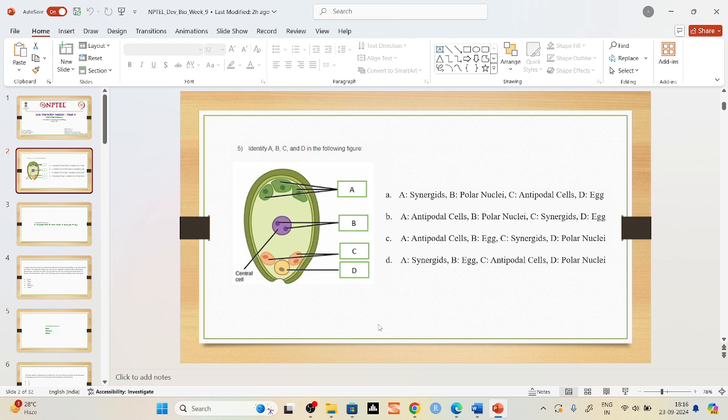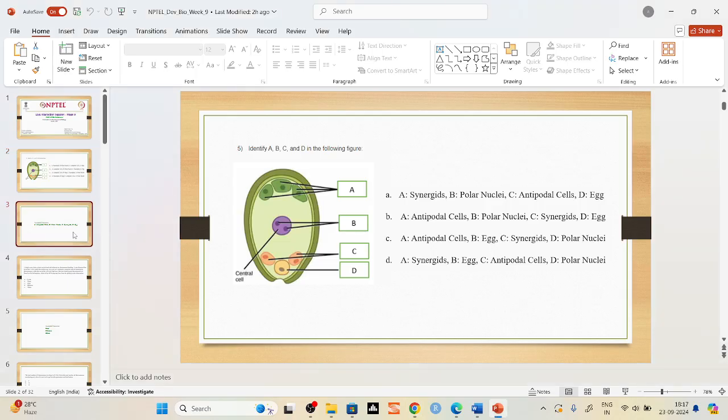So we have to identify what these A, B, C, D represent. So what should it be? Think. Okay, let us see.